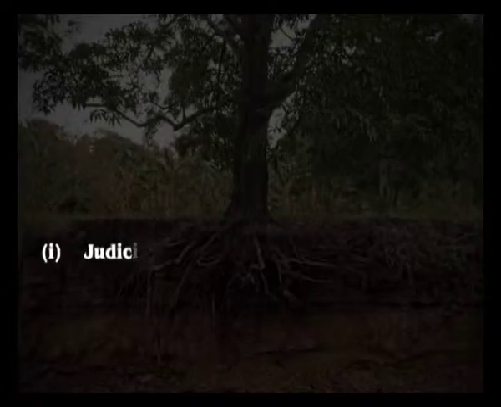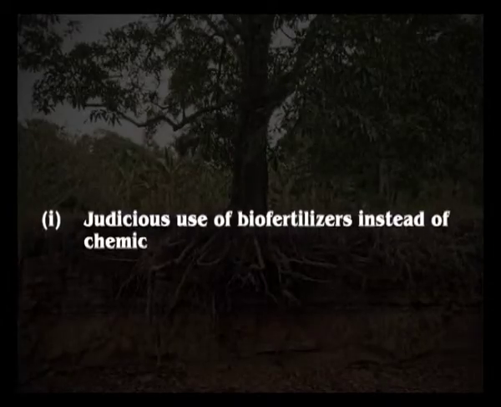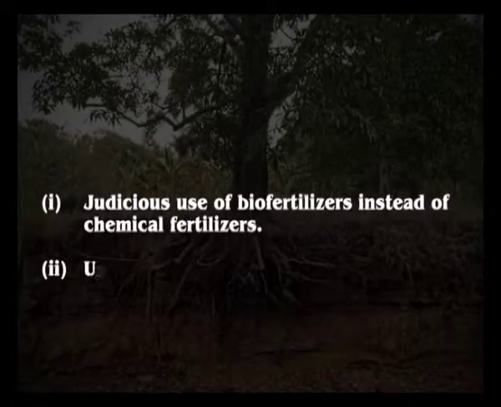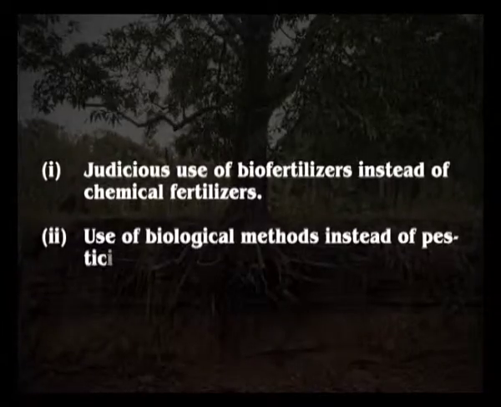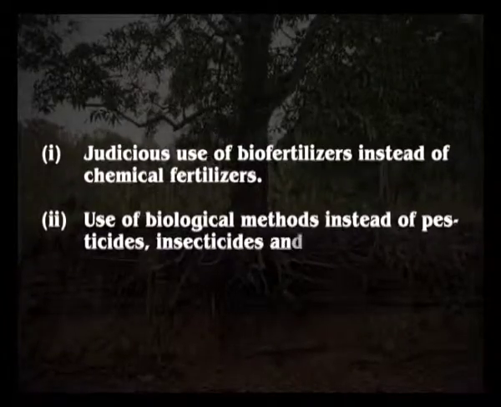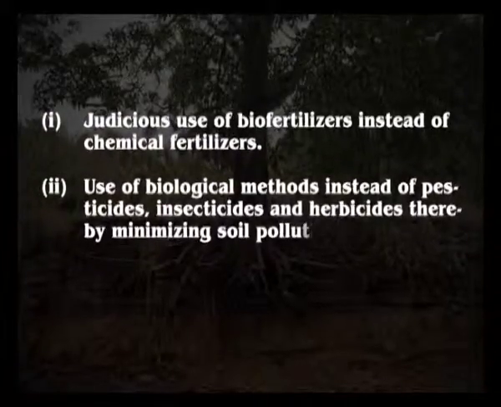Following measures may be adopted to control soil pollution. Firstly, judicious use of biofertilizers instead of chemical fertilizers. Secondly, use of biological methods instead of pesticides, insecticides and herbicides, thereby minimizing soil pollution.